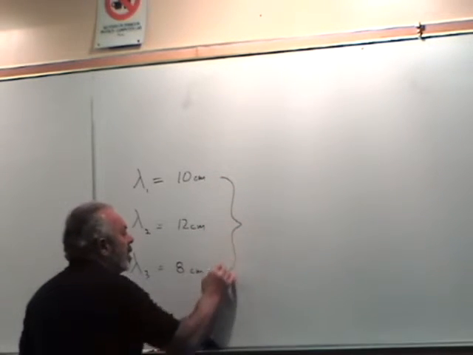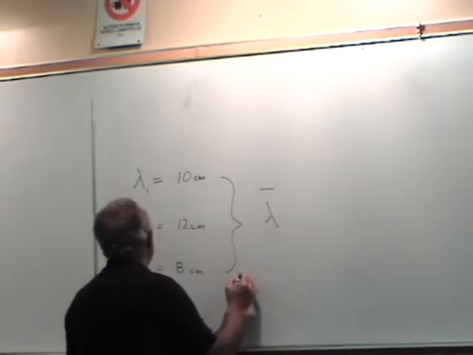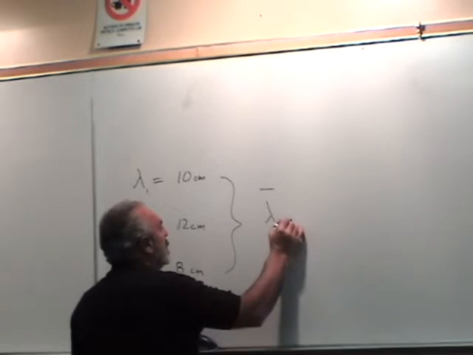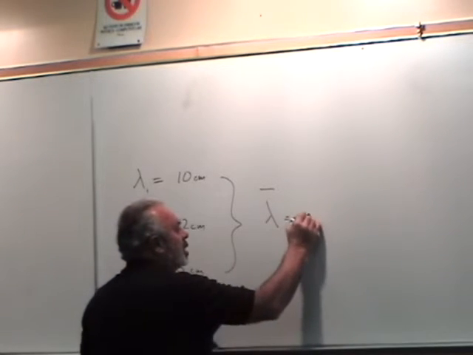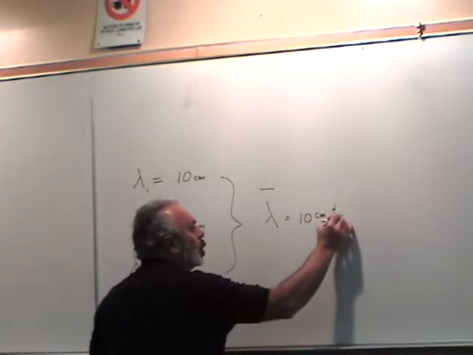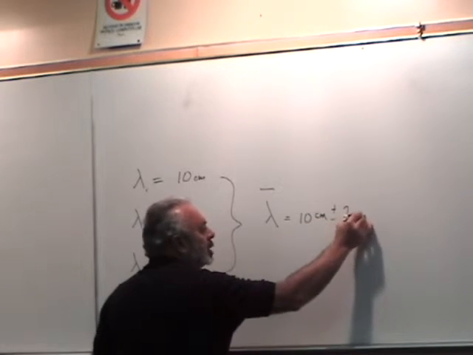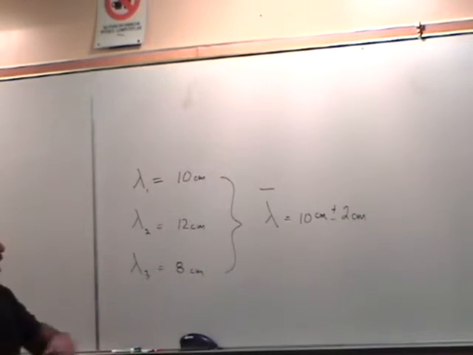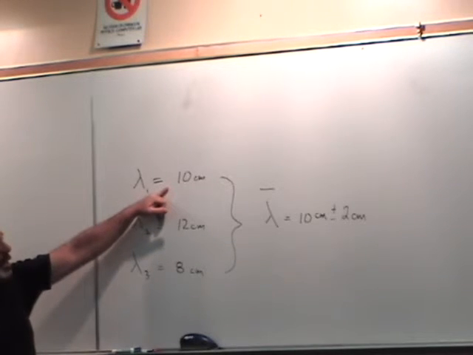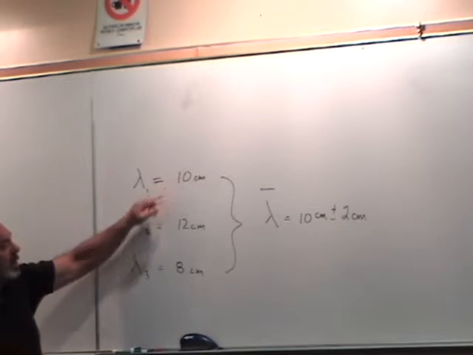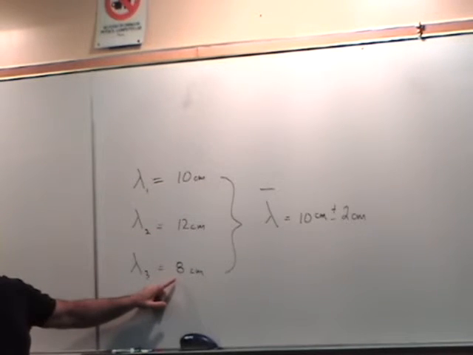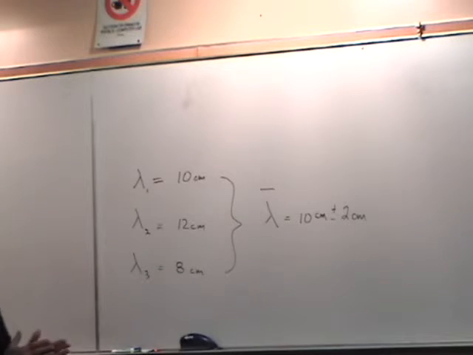Then I would say that the average lambda for this would be 10 centimeters plus or minus 2 centimeters. So I'd make an estimate like that. It's kind of pessimistic to say that the tolerance on your measurement is as big as the maximum uncertainty. But with this crude of an experiment, that's a perfectly acceptable way of doing it.